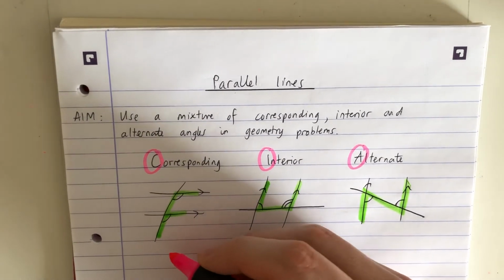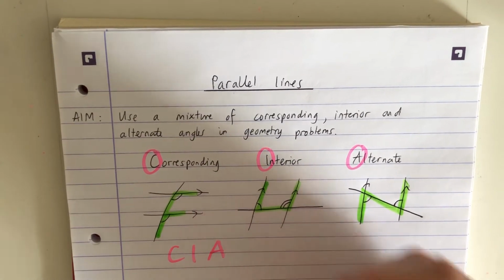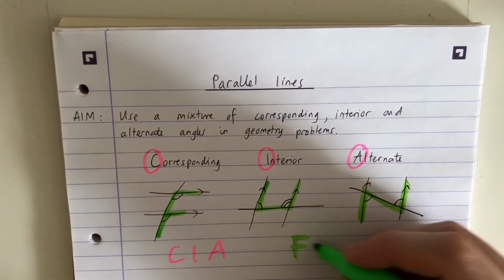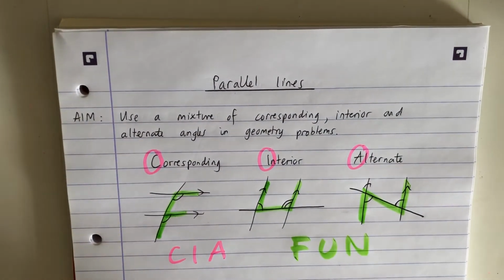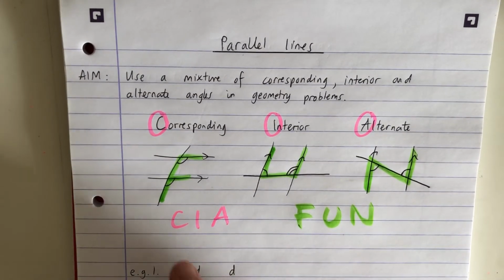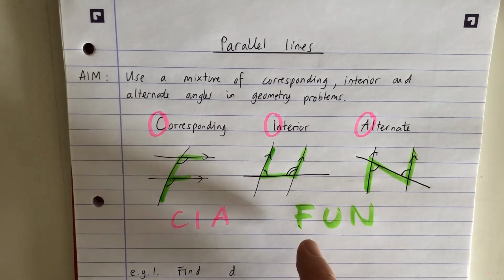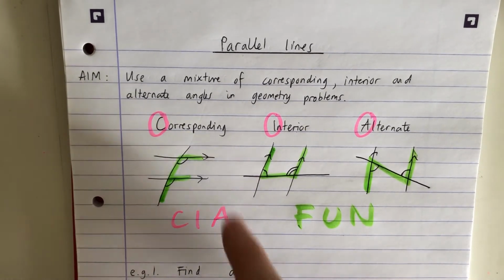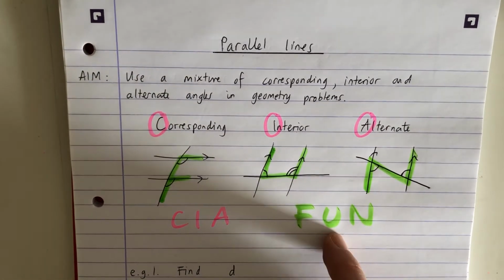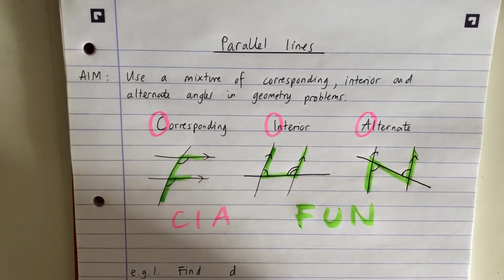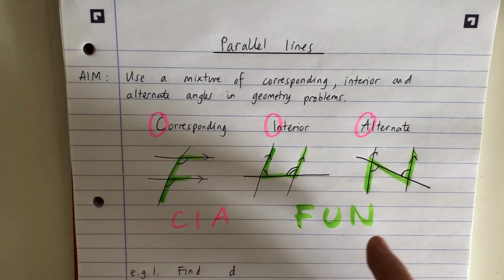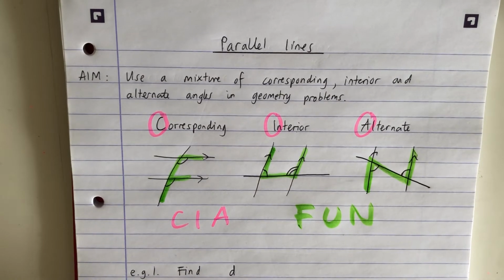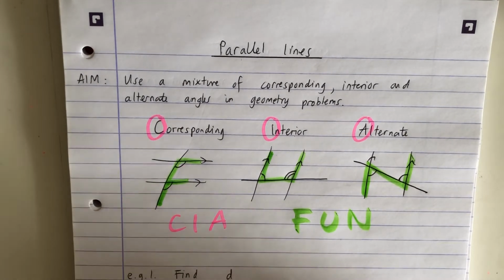And most people agree that working for the CIA would be fun. So C is corresponding, matches up with F. I is interior, matches up with U. A for alternate, matches up with the N or Z, N better for this. So CIA is fun. One way to remember this.